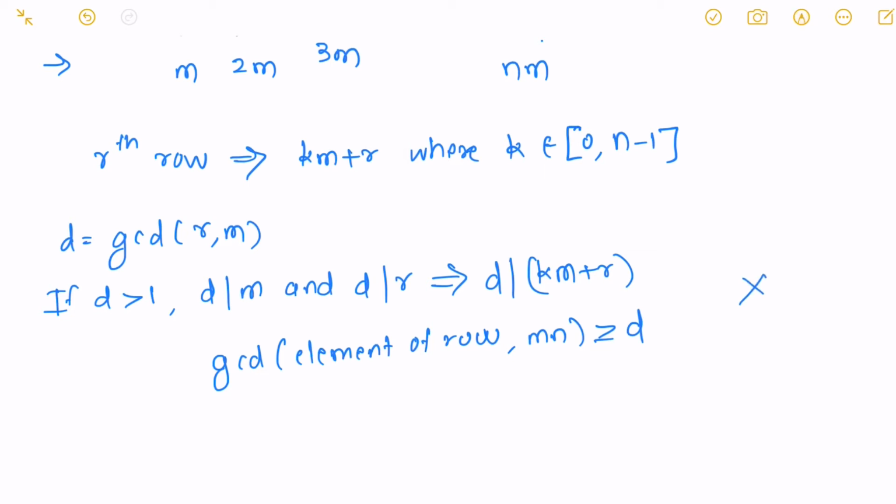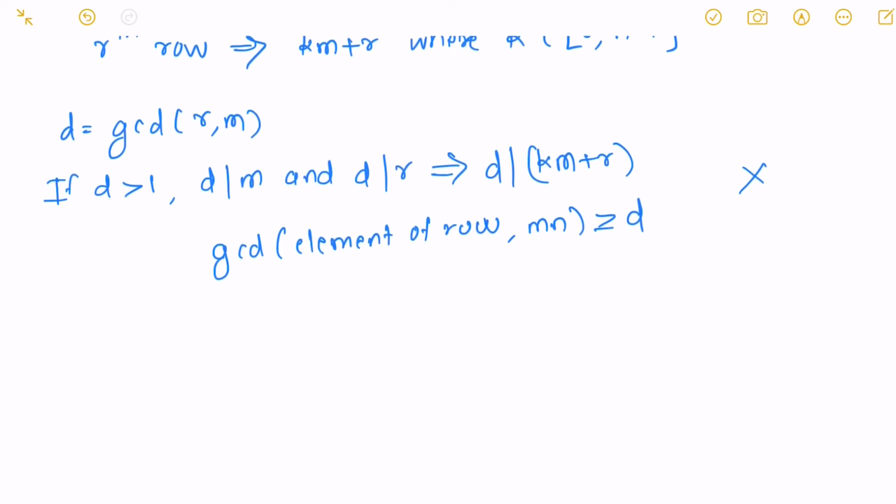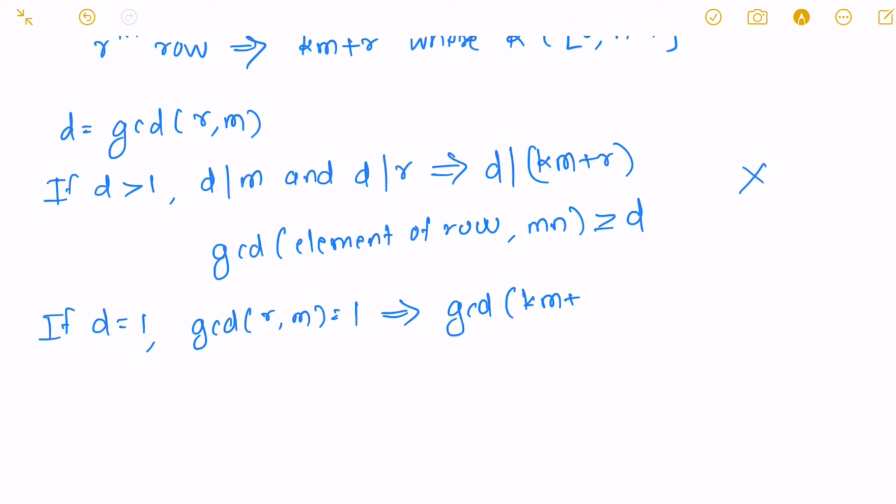Now let's see what happens if d is actually equal to 1, that is, GCD of r and m is equal to 1. Then using the Euclidean algorithm I can say that the GCD of km + r and m is also equal to 1.